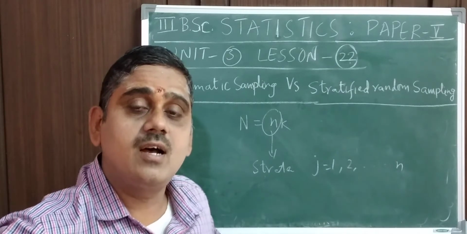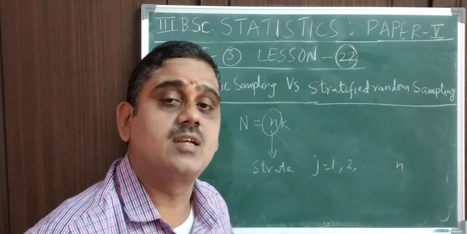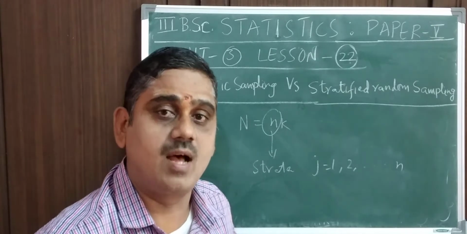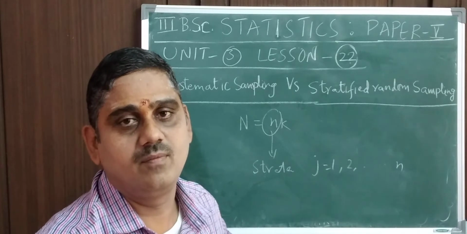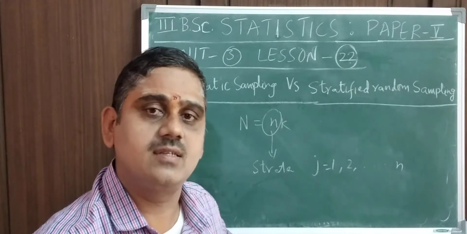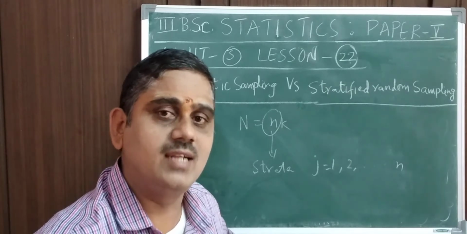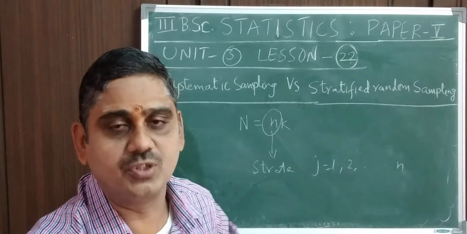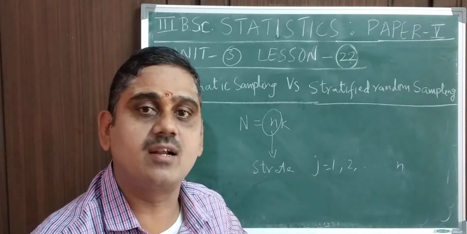We consider it now as the strata, that is subgroups. In the stratified random sampling, in view of the systematic sampling notation, small n is the strata, subgroups of the stratified random sampling.